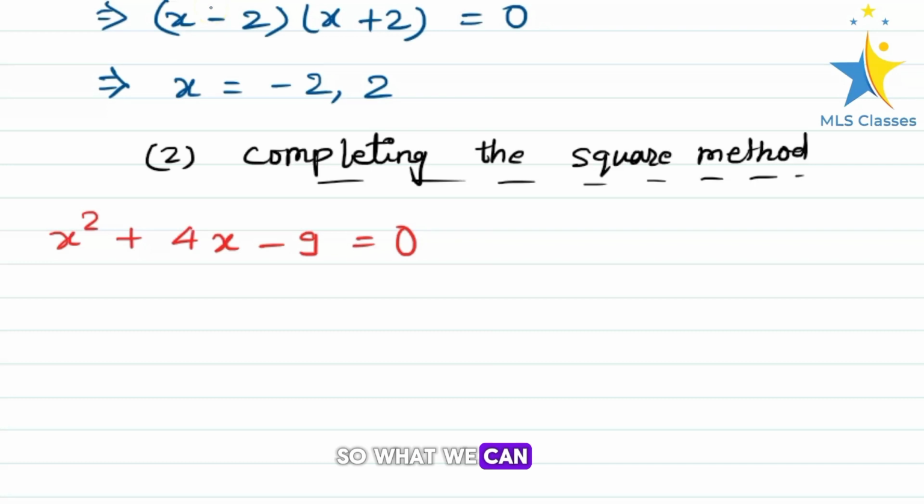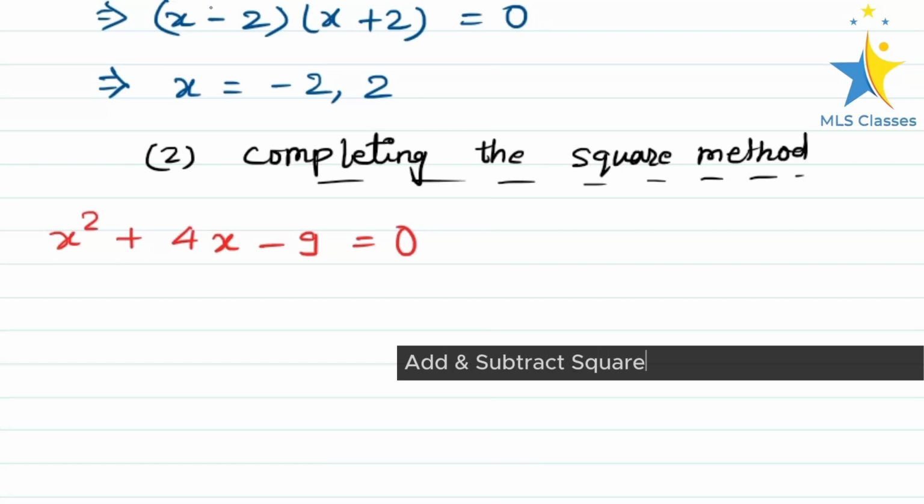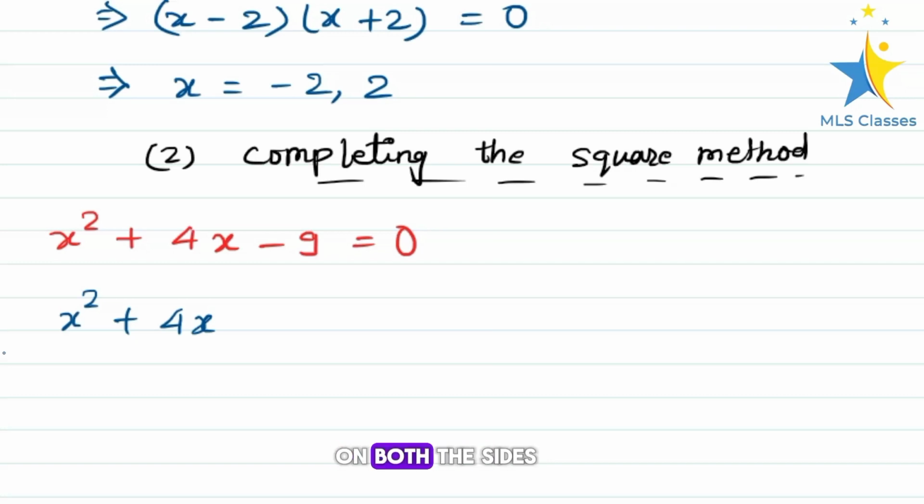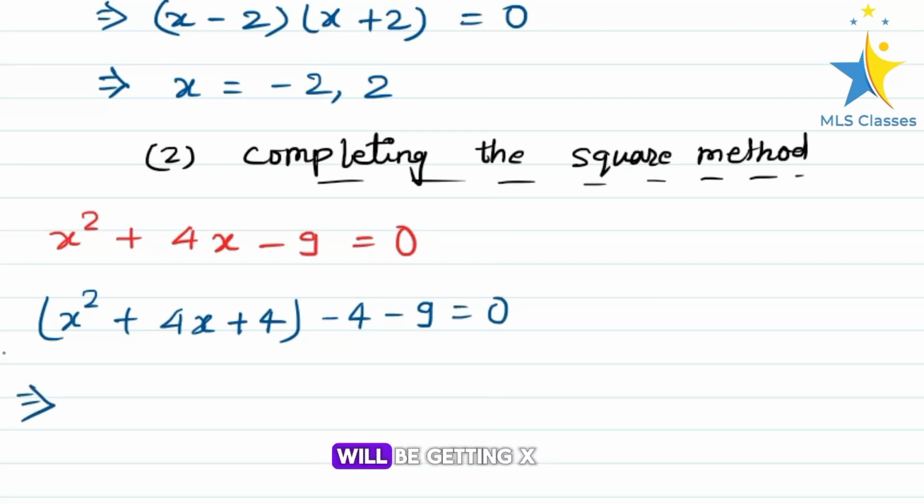You always have to remember that we have to add and subtract the square of half of the coefficient of x. So we write x square plus 4x, then plus 4, because half of 4 is 2 and the square of that is 4. If we are adding something, we need to subtract also to keep the balance, so negative 9 equal to 0.